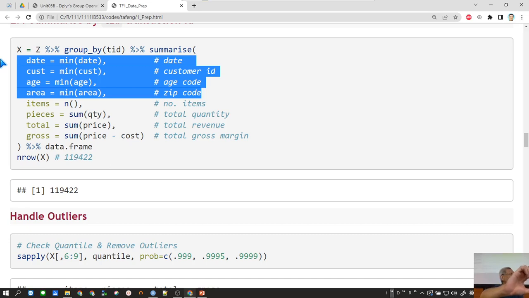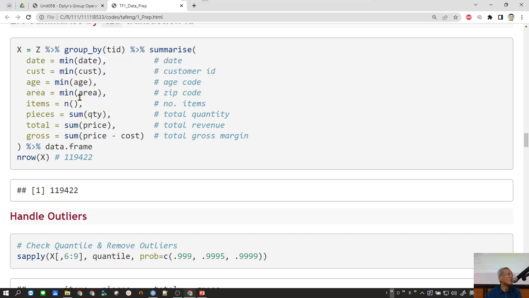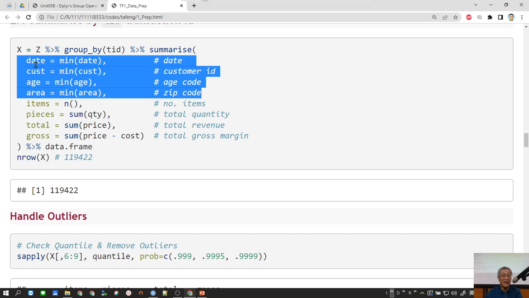The date and the customer and the characteristic of the customer should be the same, because they are the same transaction, which is defined by unique date and customer. So I simply use the minimum of them. And this should extract the date, customer, and customer's age and area.